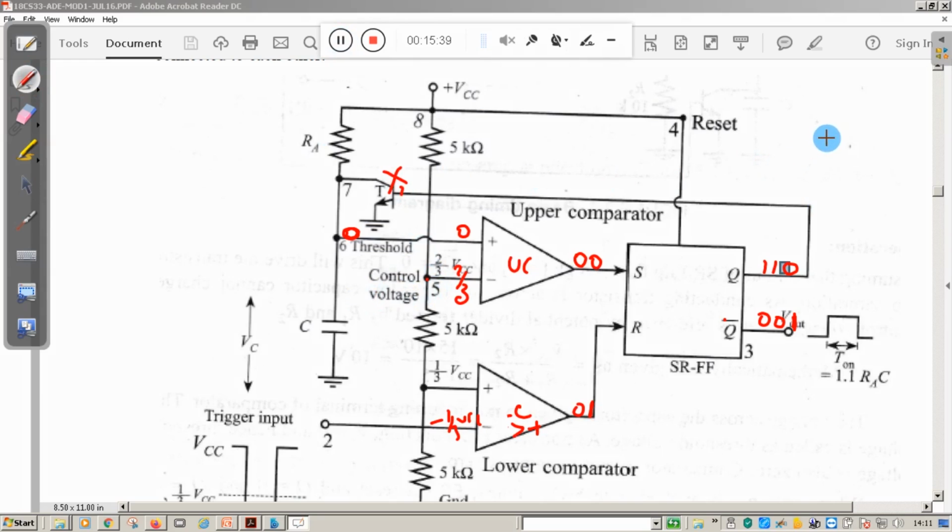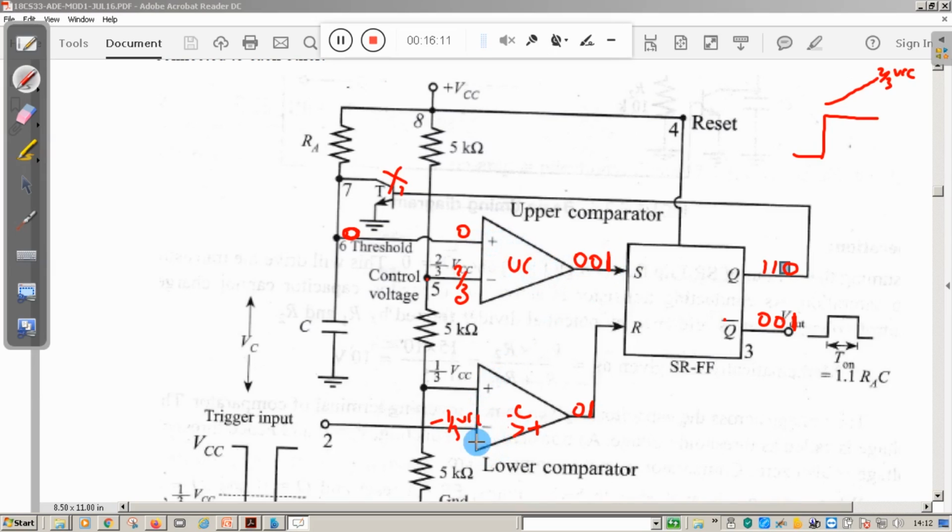let me draw here. Initially the output is 0. Then when you give the trigger pulse, output goes high, and the capacitor recharges. When the capacitor charge reaches 2 by 3 VCC, that means when the capacitor charges above 2 by 3 VCC, now that time the threshold voltage 2 by 3, the output of this comparator becomes 1.